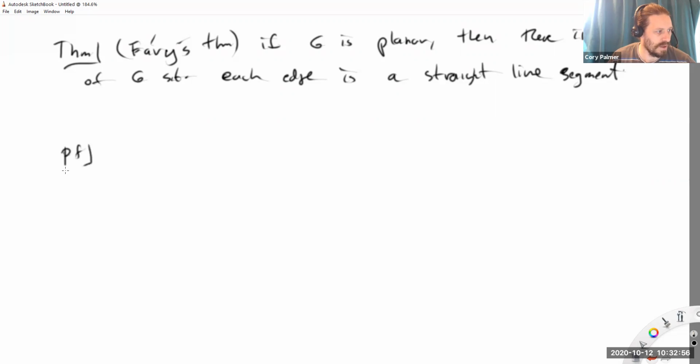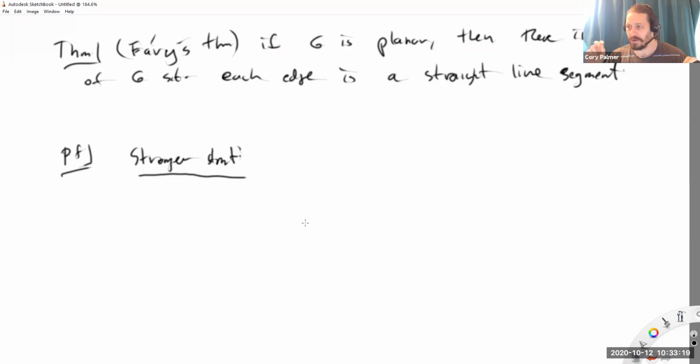Okay, so let's prove Fáry's theorem, that we can have a straight line embedding. Okay, so we're going to show a stronger statement. The stronger statement we're going to prove is, given a planar embedding, there's a way to shift the vertices around. Shift is in quotes.